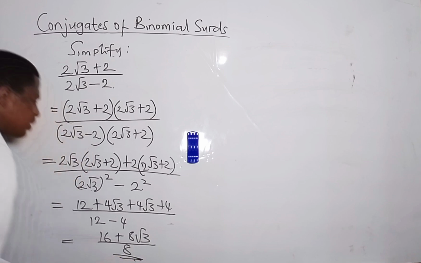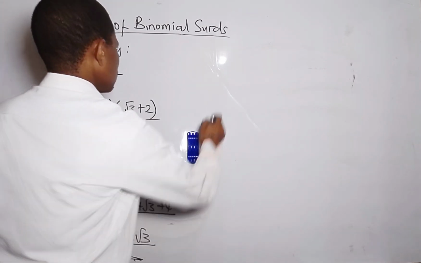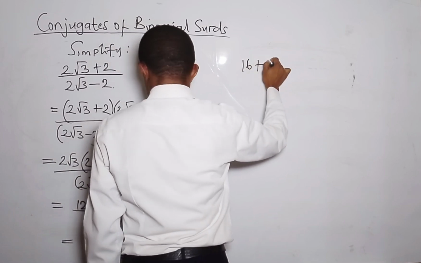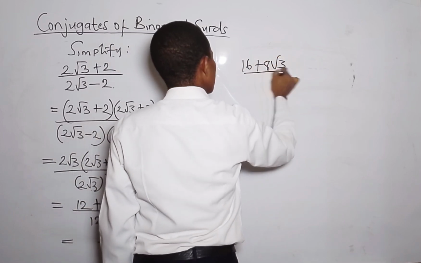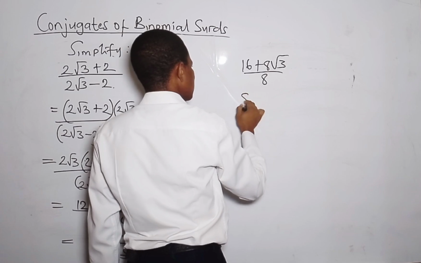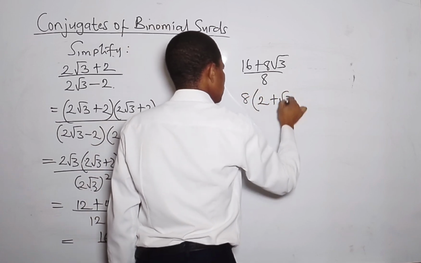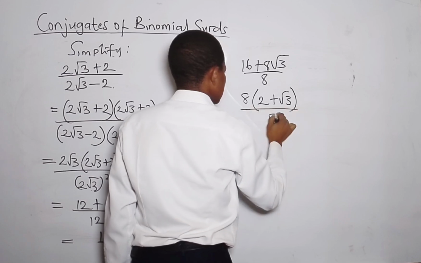We can either leave our answer this way or we find a commonality. 16 plus 8 root 3 over 8. What's common to all? 8 is common to all. So we can say 8 into 2 plus root 3 over 8.